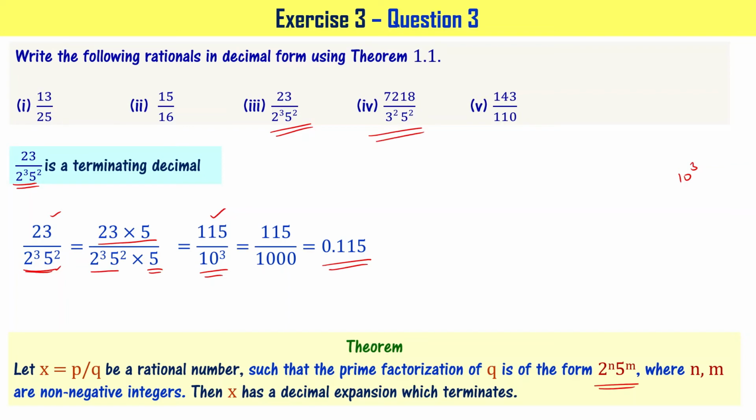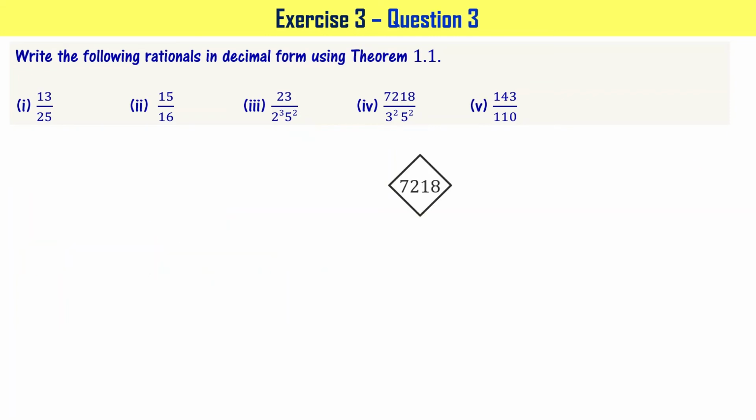Now let's look at the next part of the problem. That is 7218 divided by 3 square times 5 square. As per the theorem we have learnt, the denominator cannot have something like 3 square, because we want to have 2 power n, 5 power m only.